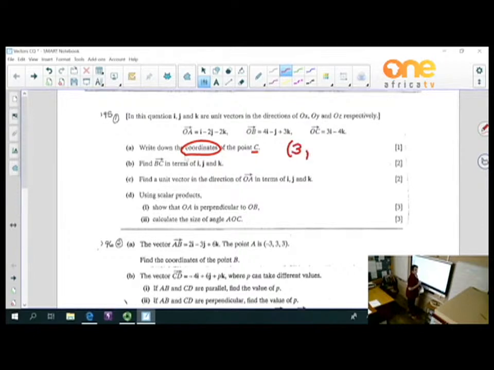There is no j, so that is a 0. Don't leave it out. And k is -4.